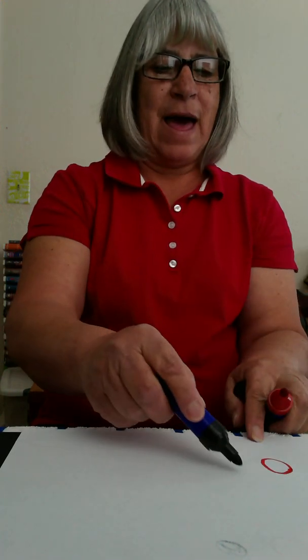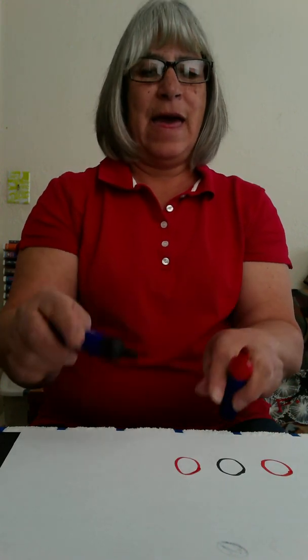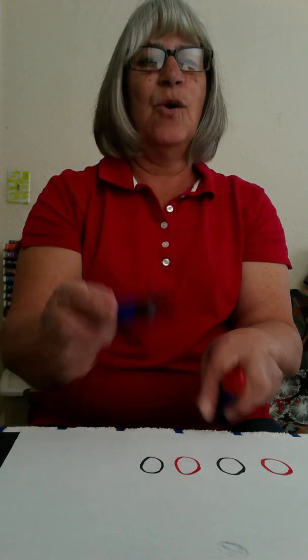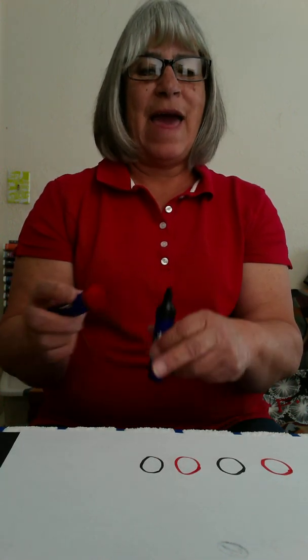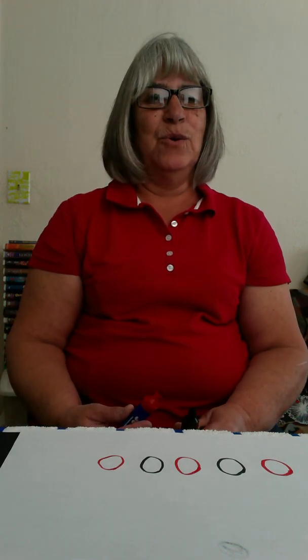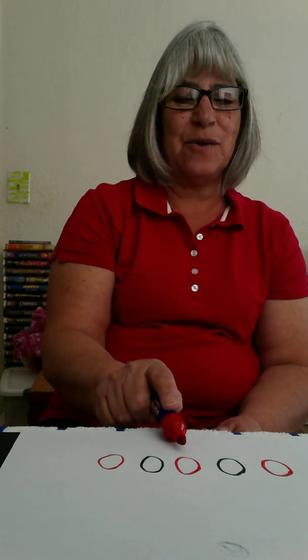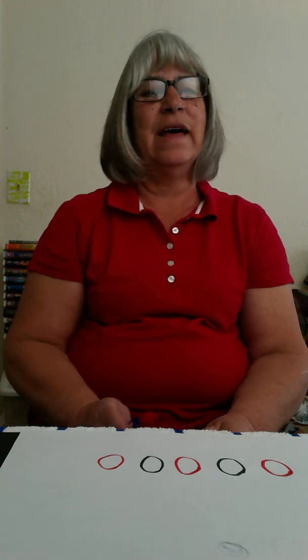So we could do maybe a red circle and a black circle and a red circle and a black circle. What would go next? And a red circle. You could do a pattern with markers. Red, black, red, black, red.